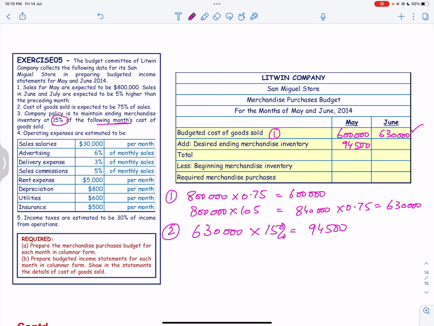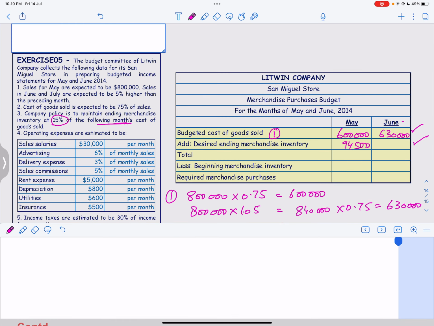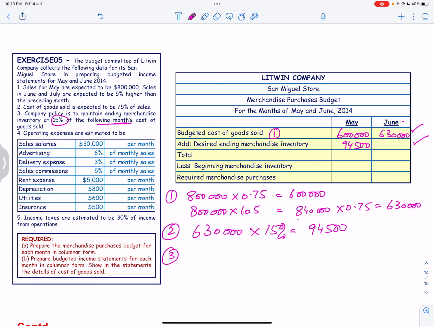Then we are going to have a long explanation now for the third one, that is for the ending merchandise inventory for the month of June. Now, the sales for the month of June is 840,000, and it is going to be 5% more, so times 105%, this is equal to 882,000.